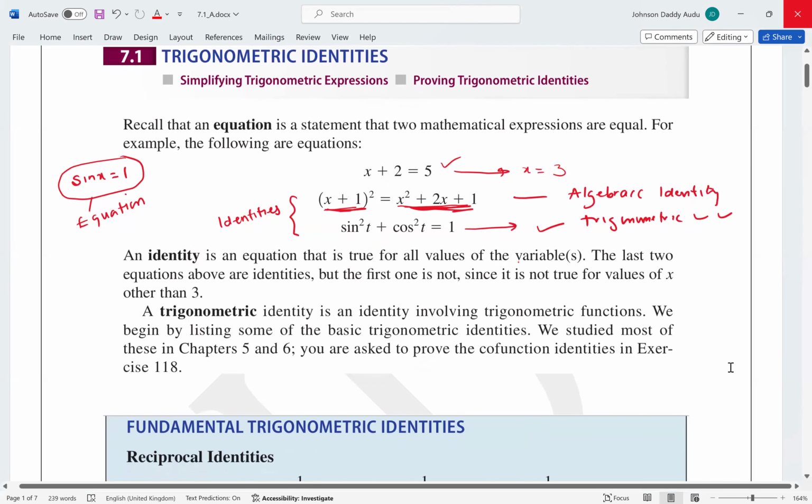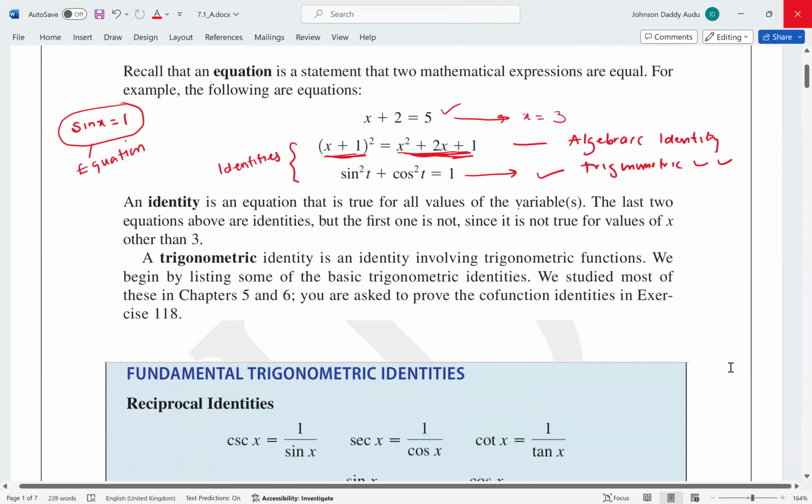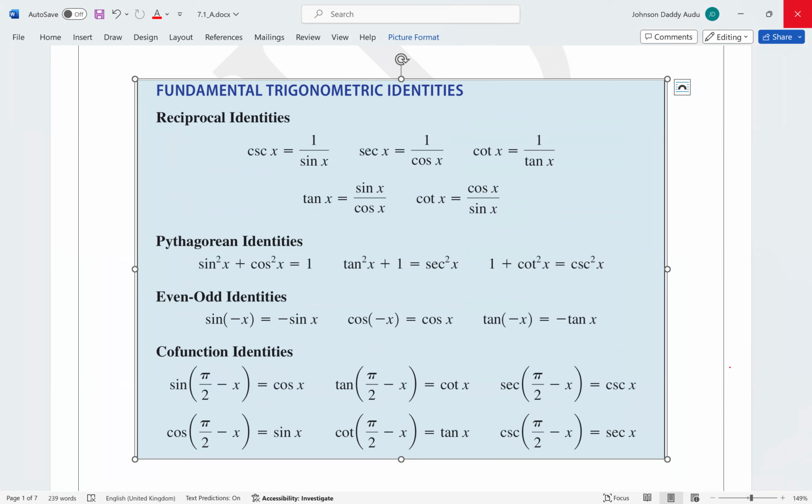All right, let's look at some identities we've discussed in previous sections. For example, the reciprocal identities, there are about 5 of them. So these are the reciprocal identities. Cosec x is 1 over sine x. Then we have the Pythagorean identities. We also have the even and odd identities.